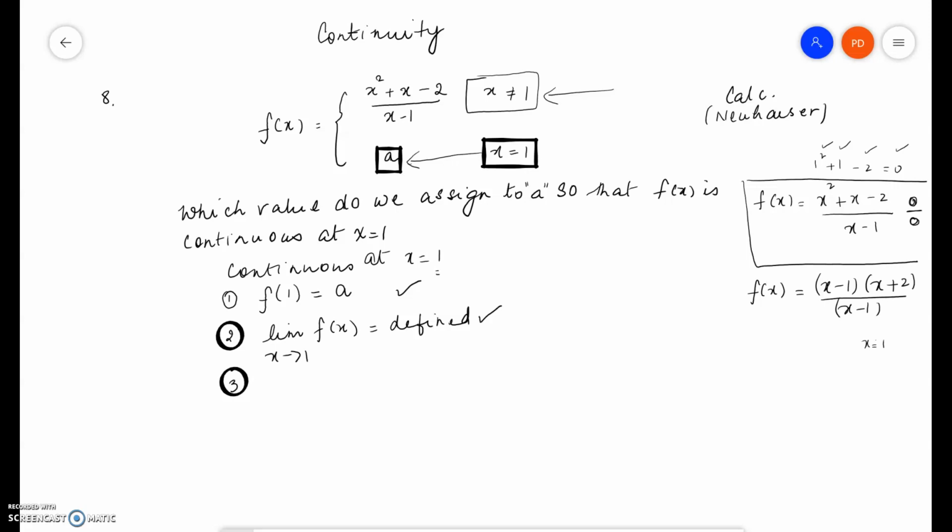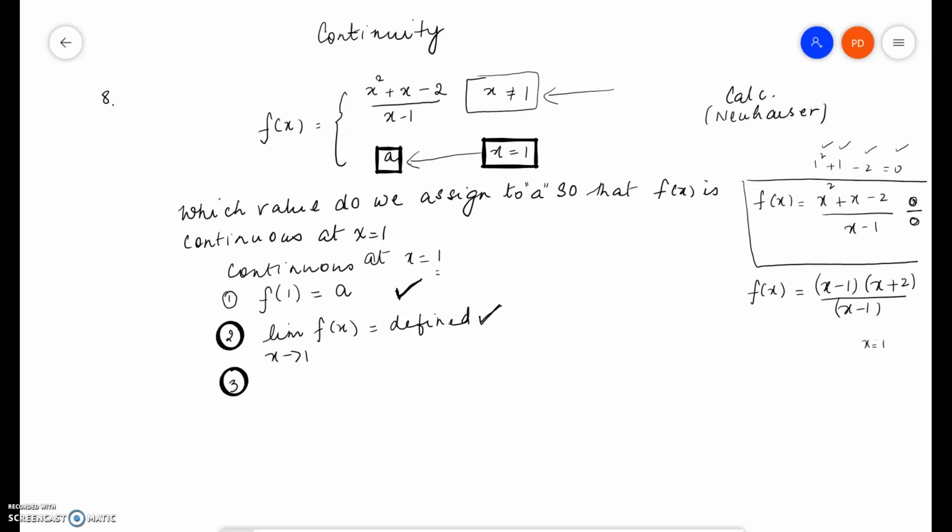So in order for the function to be continuous at x equals 1, by the definition of continuity at a point, f(1) has to exist. So f(1) equals a according to this definition. The limit of the function f(x) as x approaches 1 has to be defined.